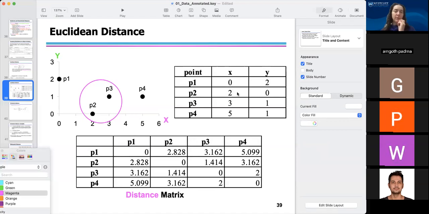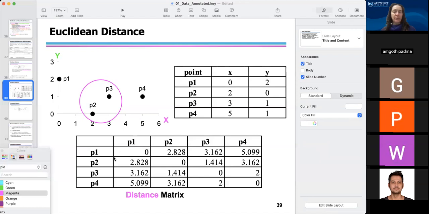So 2 minus 0 is 2. And then the same for y. 0 minus 2 is minus 2, but because we square it, there are no negatives. And so once we add those together and take the square root of it, we get 2.82. So the distance between point 1 and point 2 is 2.82.